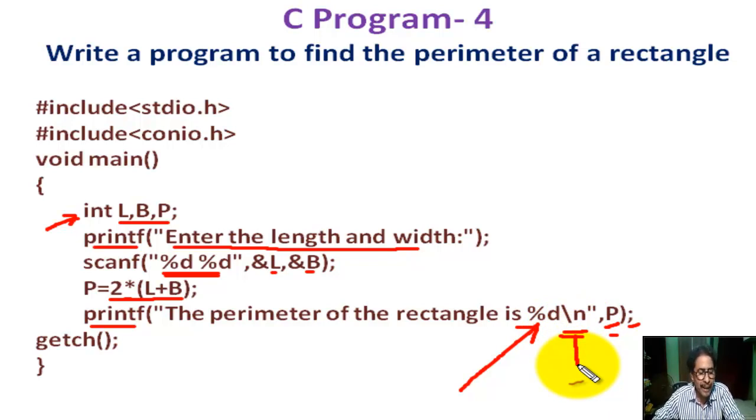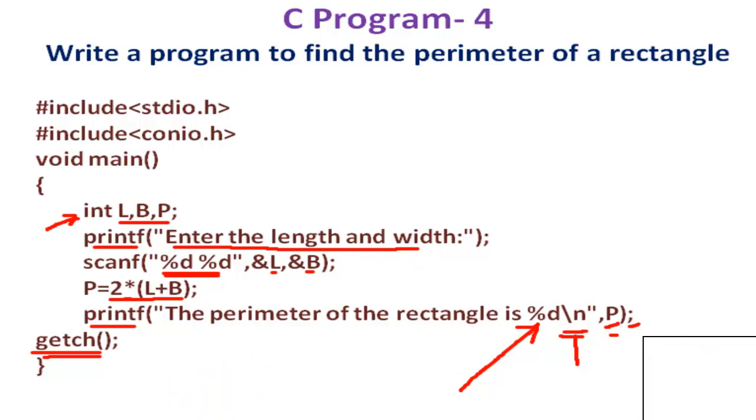This is not essential. Okay, at the end we always use the getch function. In every program, at the end we use the getch function. The getch function holds the output on the screen.